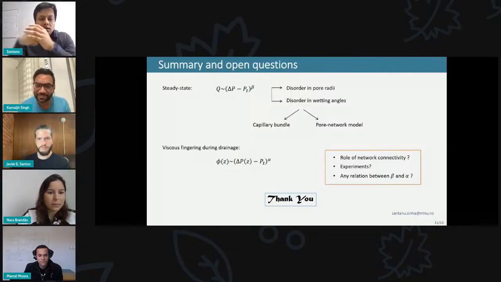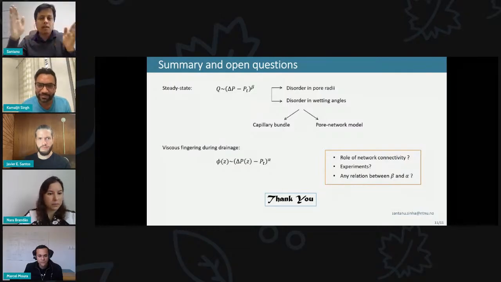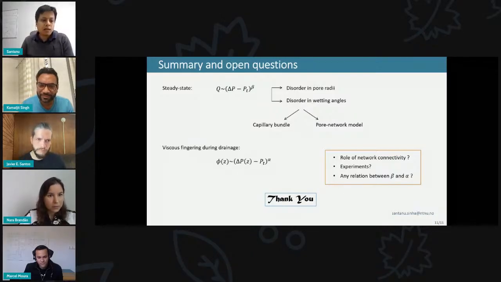So there is a system size effect, on how this nonlinearity behaves for an infinite system. But for the experiments and for the numerics at the lab length scale, we always see this nonlinearity. Yeah.